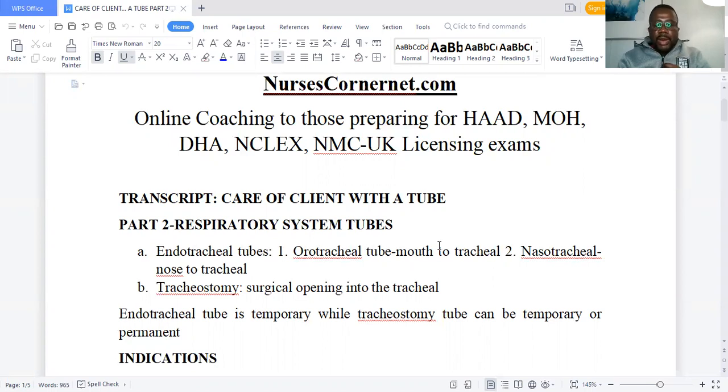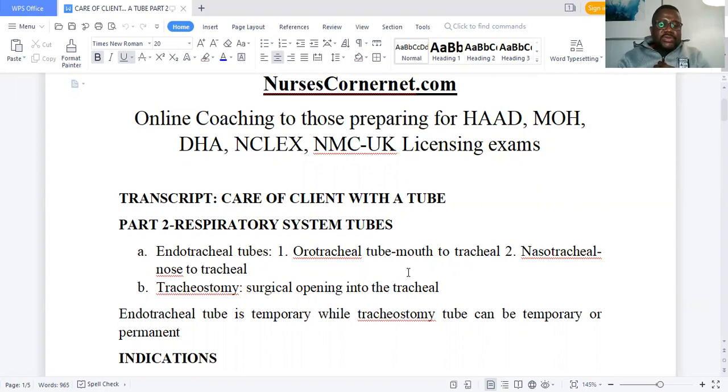Oro means from the mouth. It means the tube is passed from the mouth to the trachea, okay? We can call that airway tubes. So you can either have it from the nasal to the trachea. These ones, they're a little bit smaller.